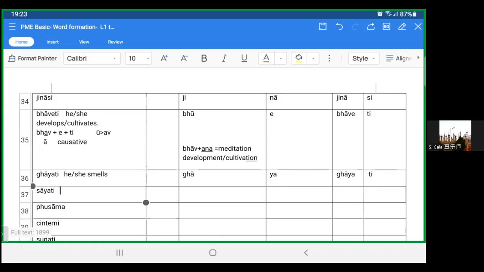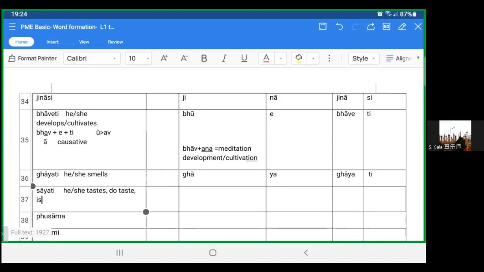All right, next one, sayati. So we just now learned the word. Sayati means he or she. Okay, what's the meaning? Anybody? Taste. Taste, okay. So you can write he or she tastes, he or she does taste, he or she is tasting. So remember, every time you can write in 3 ways.